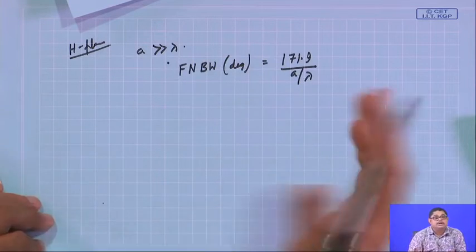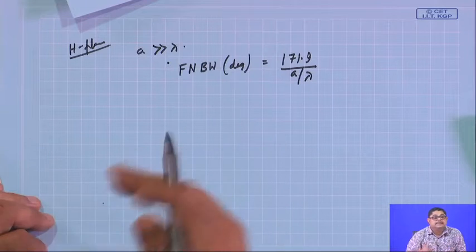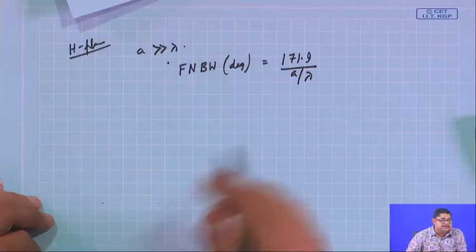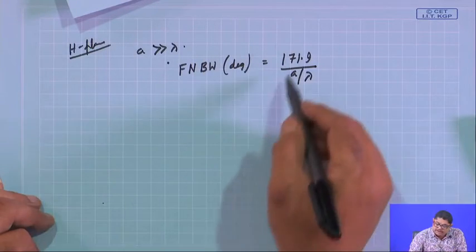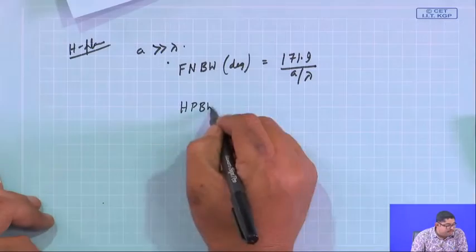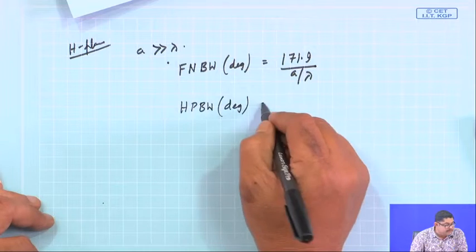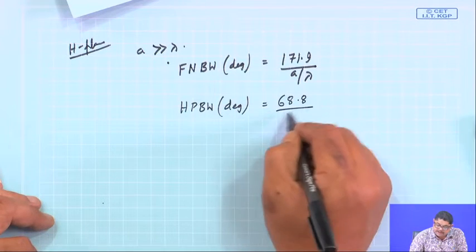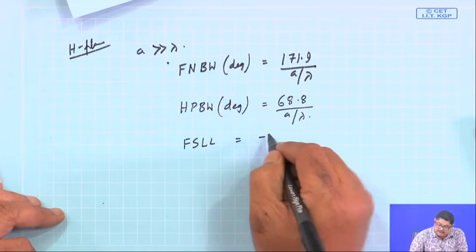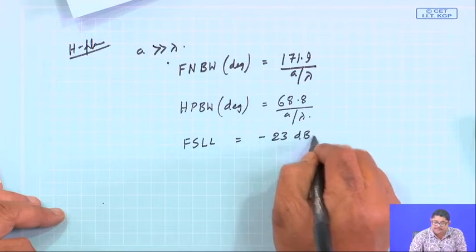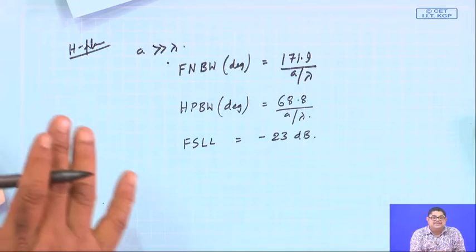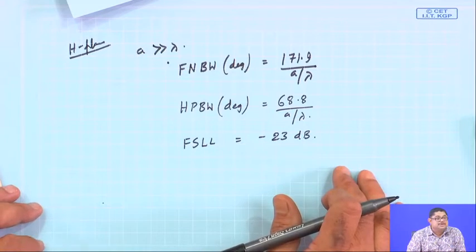You see that, as with the Fourier transform case, we said this first null beamwidth is very broad, almost like 180 degrees. Similarly, the half power beamwidth in degrees will be 68.8 by a by lambda. The first side lobe level is minus 23 dB here. So, you see that this is what we claimed in the case of reflector antennas. Now, it is being proved.